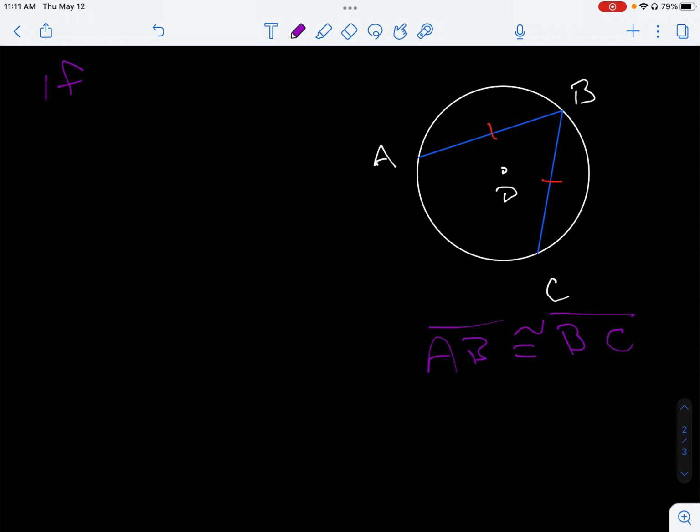So if the measure of arc AB equals 110 degrees, what does the measure of arc BC equal? It's going to be 110 degrees as well.